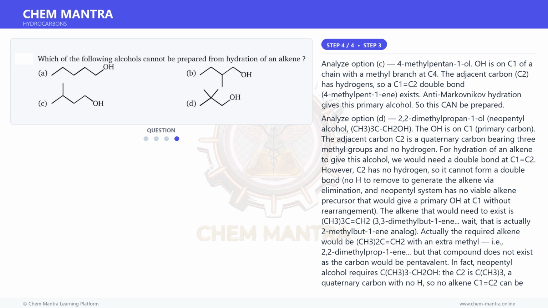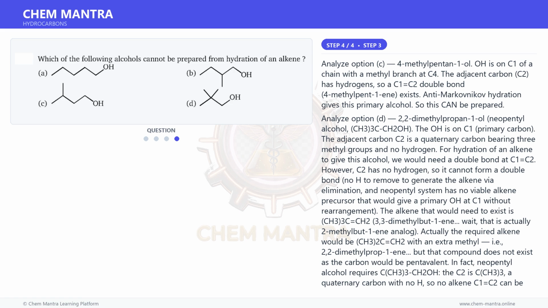In fact, neopentyl alcohol requires C(CH3)3CH2OH. The C2 is C(CH3)3, a quaternary carbon with no H. So no alkene C1=C2 can be formed. Any other alkene hydration would not give OH at the neopentyl position due to rearrangements.